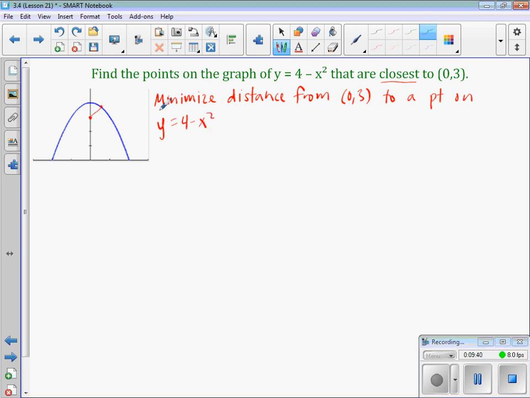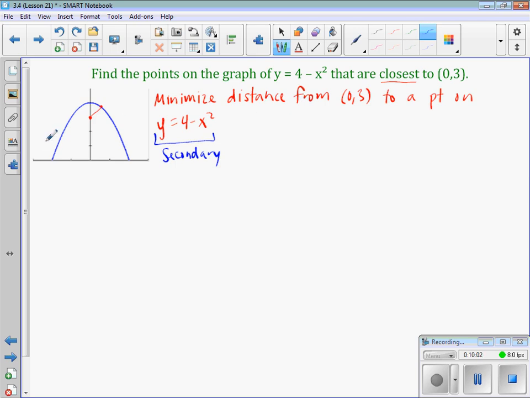Do you see how this is already a y equals? So this is my secondary equation already given to me. And my primary equation is what I'm trying to minimize. So my distance is going to be my primary equation.